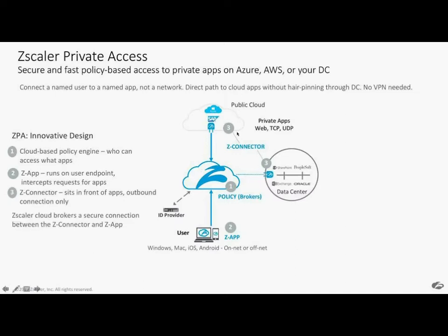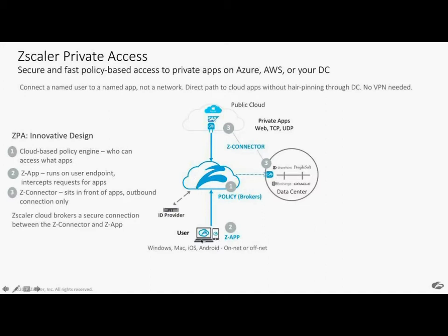And then the connectors sit in front of your applications. In this case, I have a connector that's running in Azure and is advertising all of the applications that I have there, in this case, SAP. Or I have a connector that sits inside my network and is advertising my SharePoint, my PeopleSoft, my Oracle, and my Exchange. And then the brokers that sit within the Zscaler cloud broker the connection.